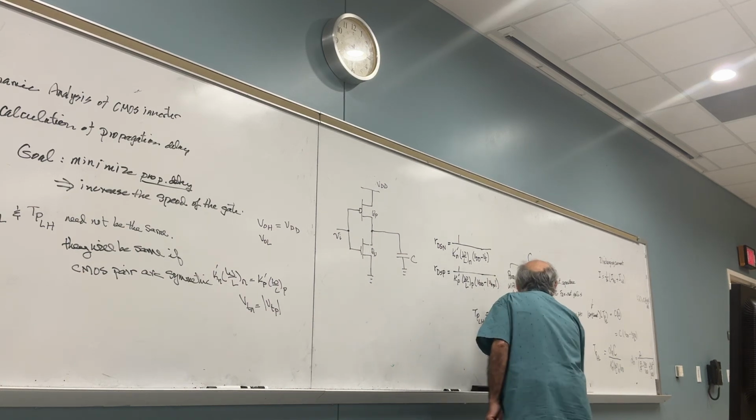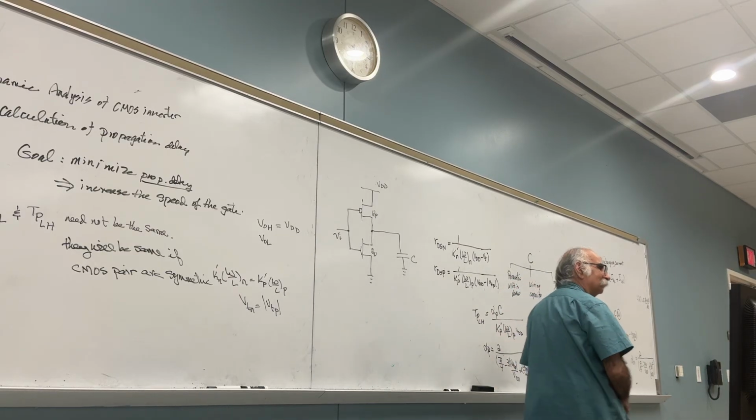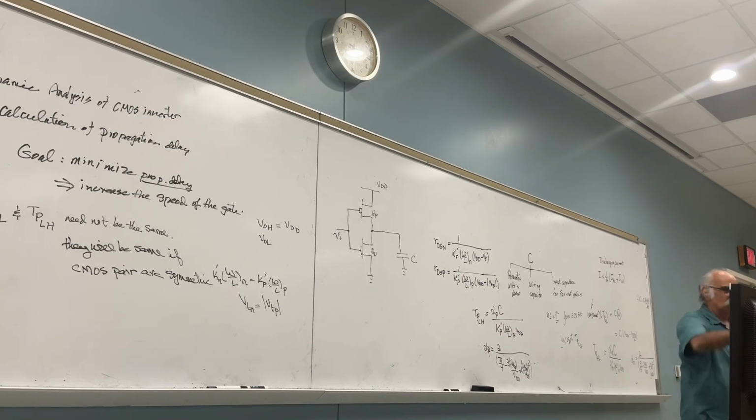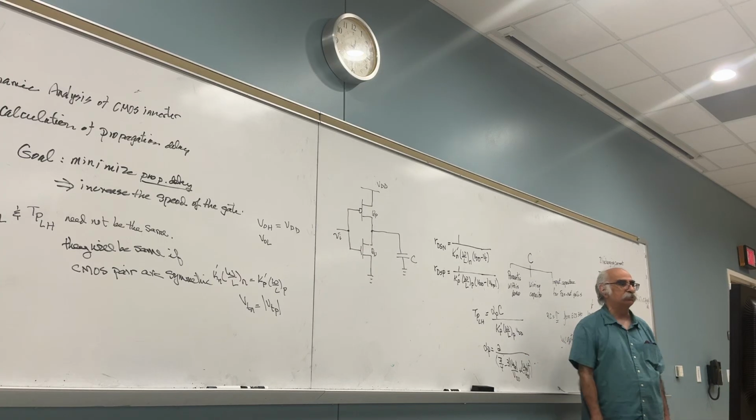Close the bracket. This is exactly the same as this one, except V_T is an absolute value. Why? Because V_T for the PMOS is negative, so you need to take the absolute value. And this one is k_p prime W over L_p, and so on.